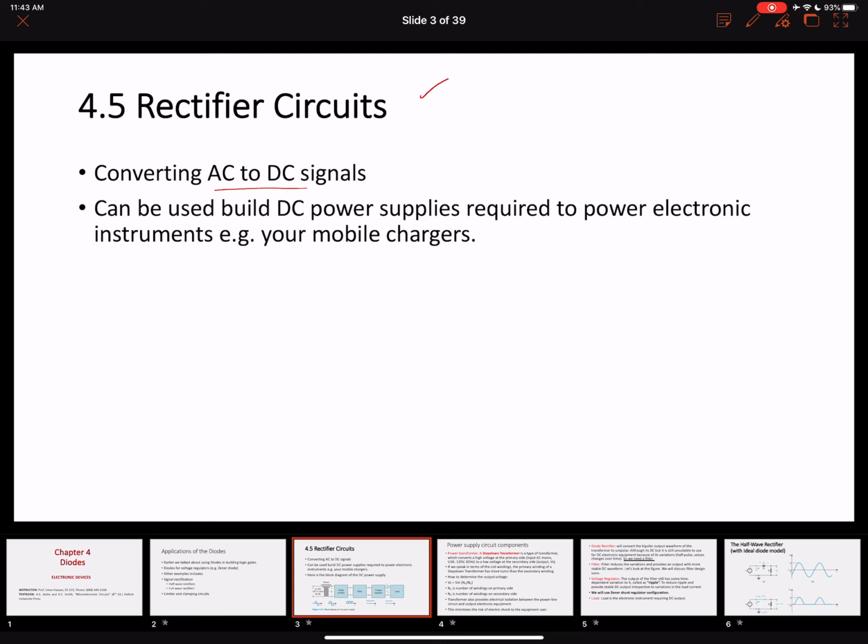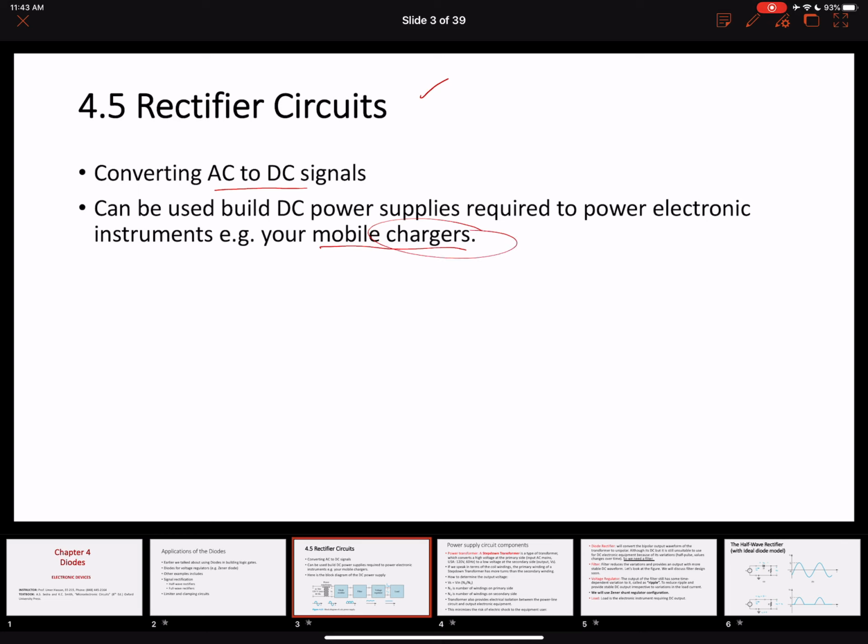What they do is they go directly into the AC mains, which is an AC source, and they provide a constant DC voltage to your device to charge the battery. An example could be mobile chargers, right? So we are going to see what's inside that power charger circuit.